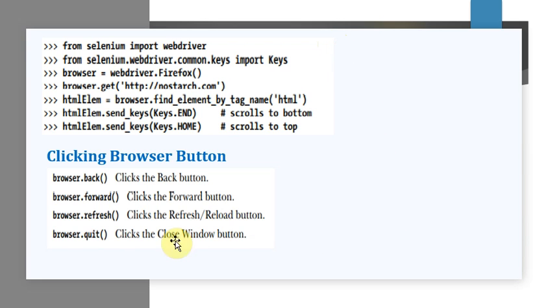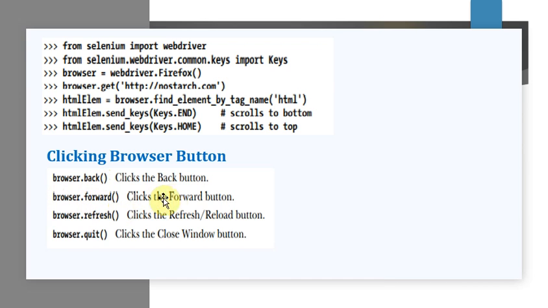And the last topic of this particular chapter, that is web scraping, is clicking browser buttons. Okay, so Selenium can simulate clicks on various browser buttons by using the following methods. Which are those methods here? browser.back clicks the back button. So when you give browser.back, it is going to do the task of clicking the back button.